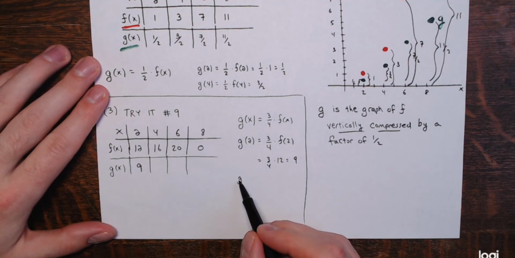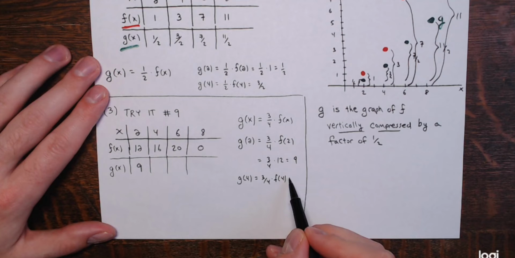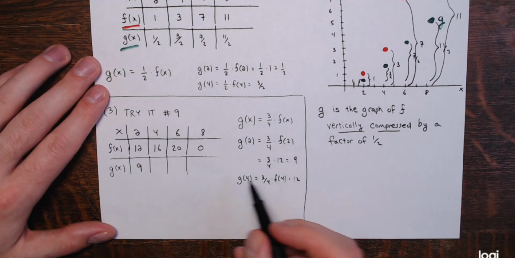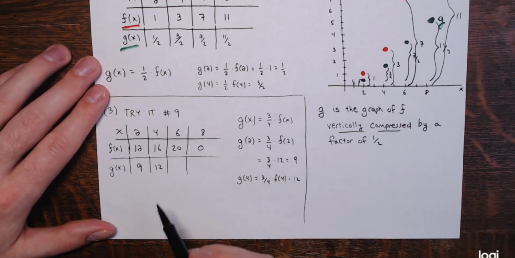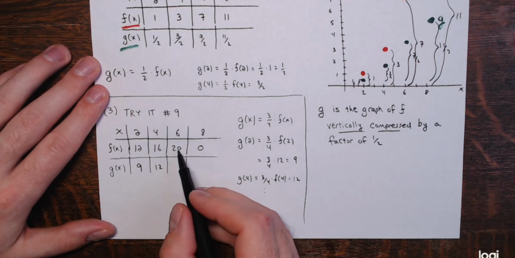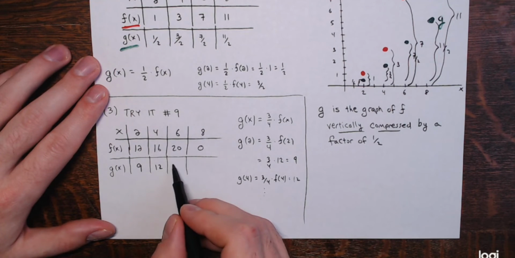G of 4 would just be 3/4 times f of 4. So 3/4 times 16 would be 12. So 4, 12 would be on the graph of g instead of 4, 16. And then so on. Basically, I'm just multiplying these outputs from f by 3/4. 3/4 times 20 is 15.